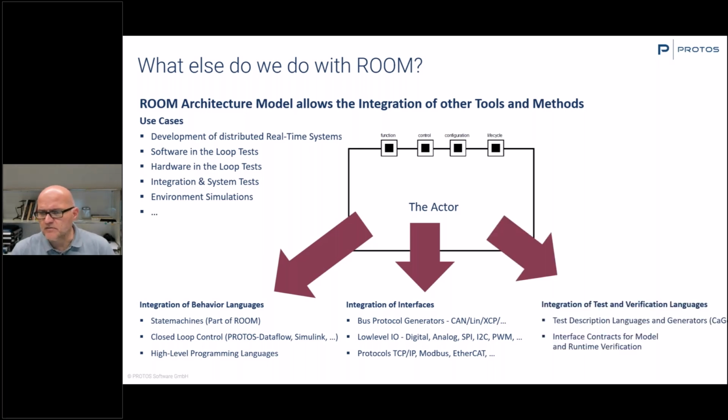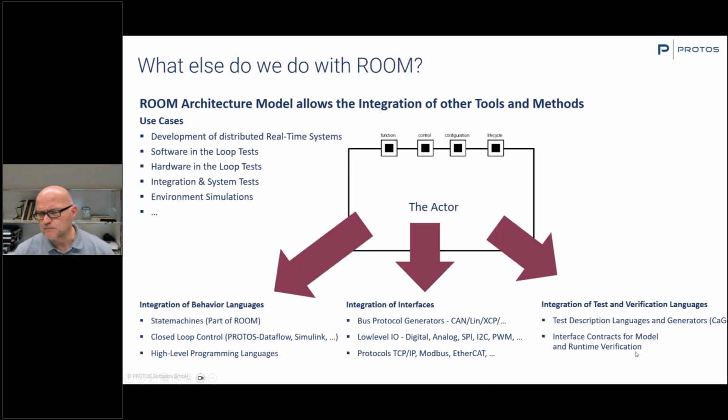Last but not least, we want the integration of test and verification languages. We have, for example, the test description language, and within the generator, it's called Cage. So for case generator, it's just an alternative behavior language, which is much more efficient to create test cases, also combinatorial test cases, and so on.